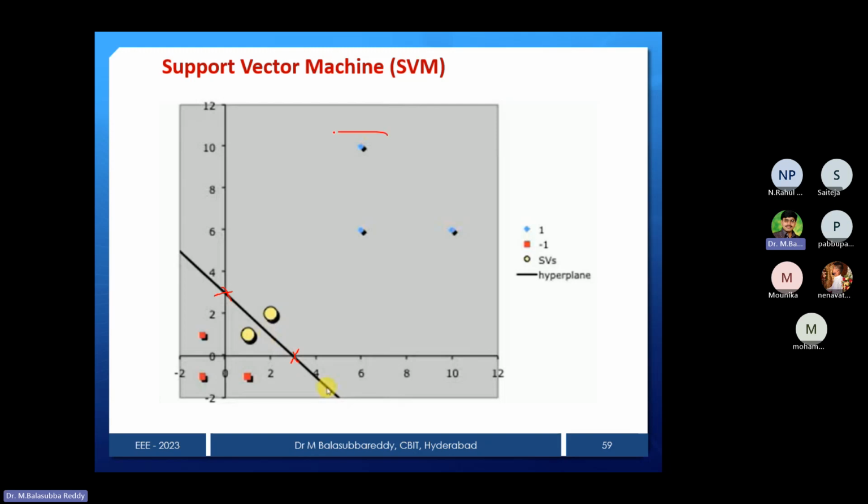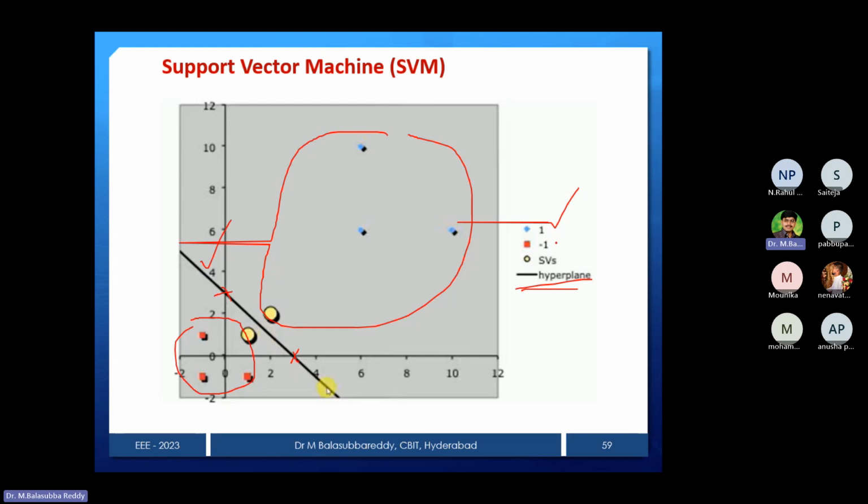Now we can see this is all one class, and this is all the other class. This is the optimal hyperplane. That line I call the hyperplane. Blue is positive and red is negative. The ones we selected as vectors are the support vectors.